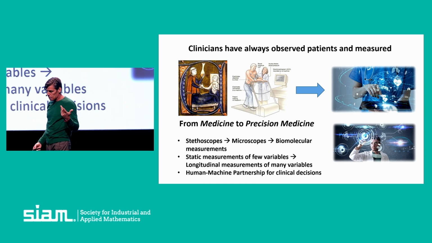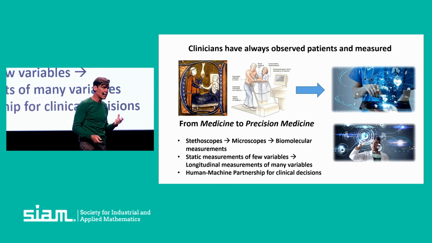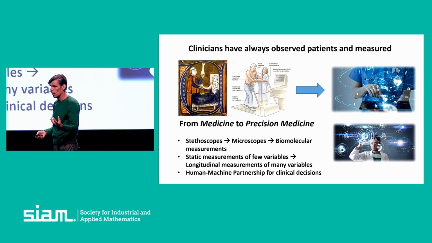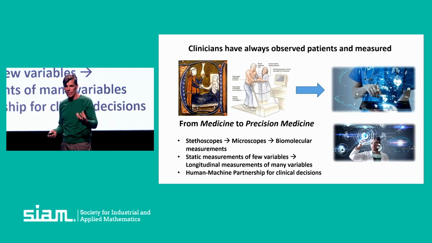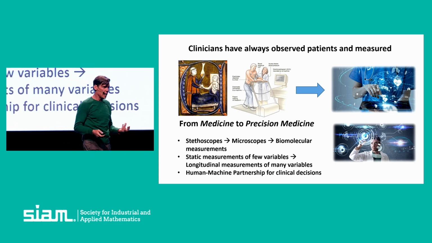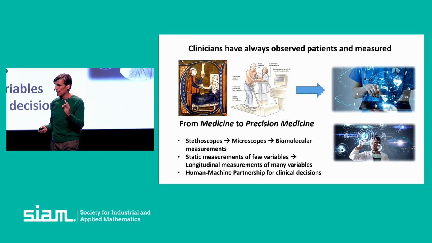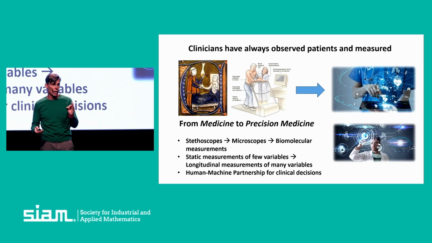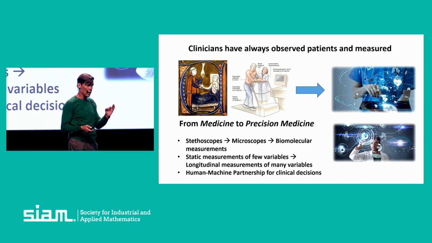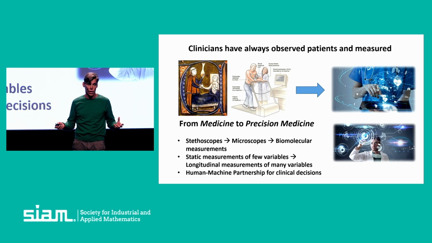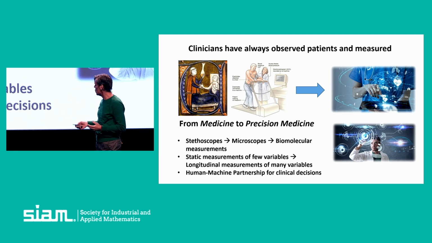And of course, to finish off here, clinicians have always looked at patients, measured some things, and tried to cure. And this will not change. What is changing is that we have much more data, much more precision in doing our predictions of whether a certain intervention will work. And we have then the ability to individualize the treatment really based on all this data.